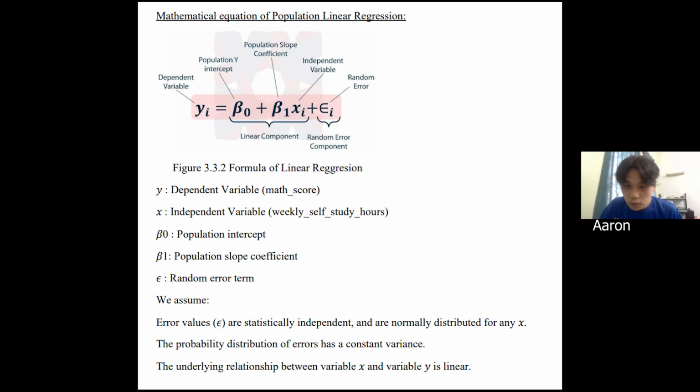We assume the following conditions for our regression model. The error values are statistically independent and normally distributed for any x. The probability distribution of errors has a constant variance, and the underlying relationship between the independent variable weekly self-study hours and the dependent variable math score is linear.